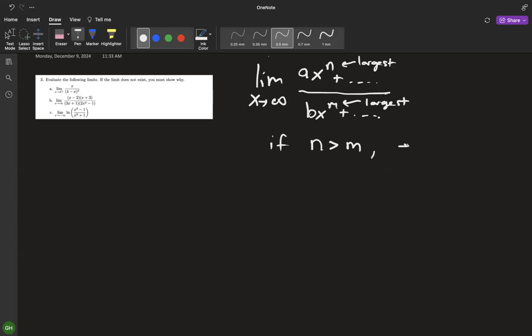We get plus or minus infinity, depending on the constants and the powers, how all those work out, but we're going to get infinity or negative infinity. If n is smaller than m, then I'm going to end up getting infinity on the bottom, which means I go to 0. And if they're equal, well, they kind of stabilize, and thus only the numbers in front really matter. This goes to a over b.